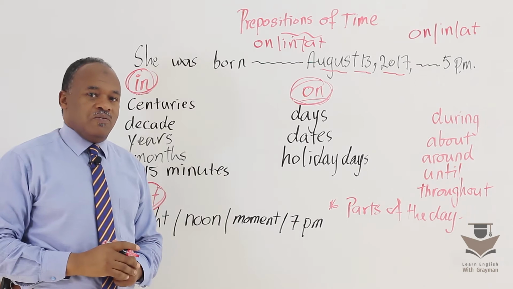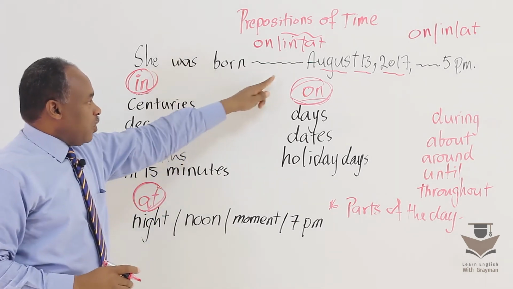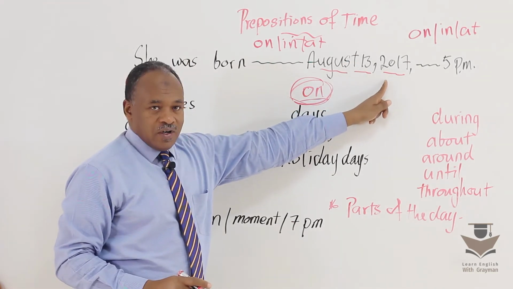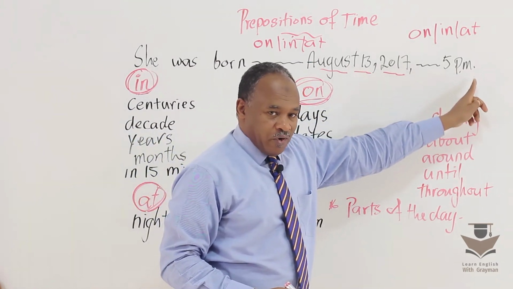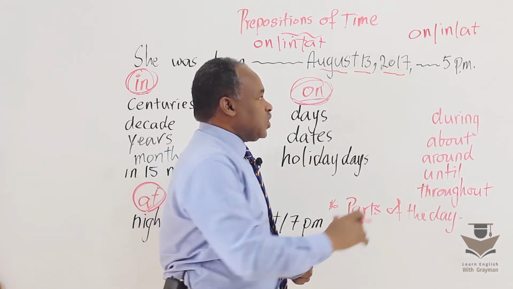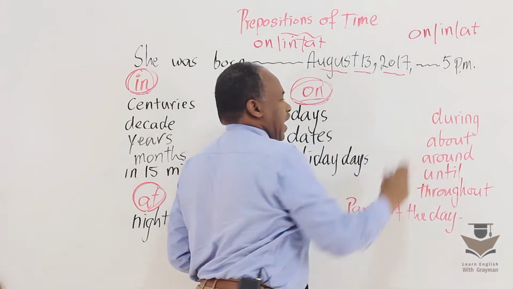So what are you going to do? For the first part, she was born August 13, 2017. But this one, as if it is separate, let's handle this one first. What are you going to do? This one you're going to add either on, in, or at.